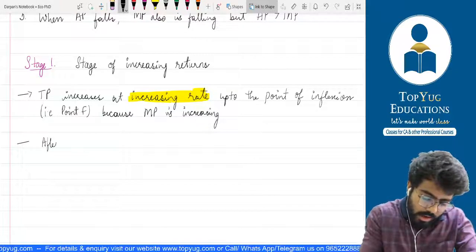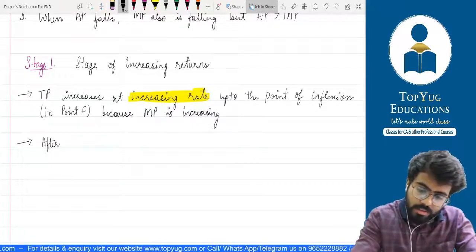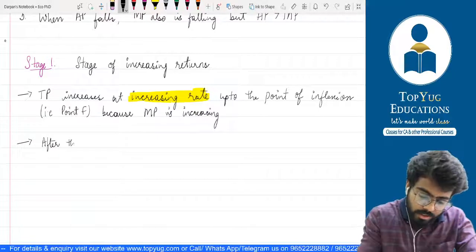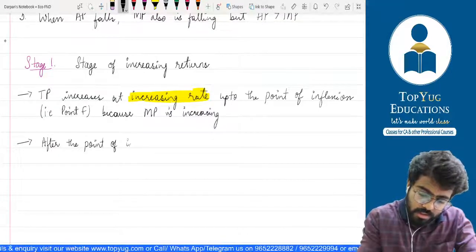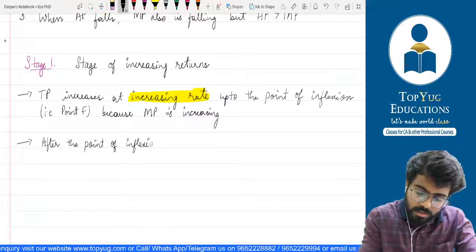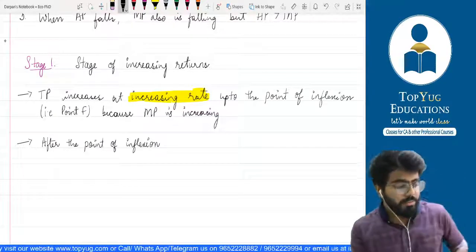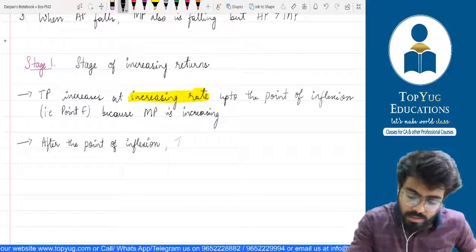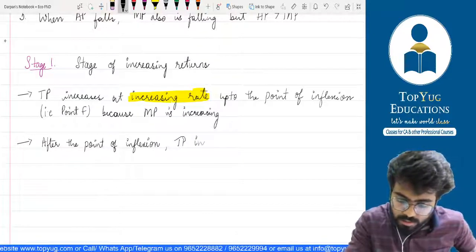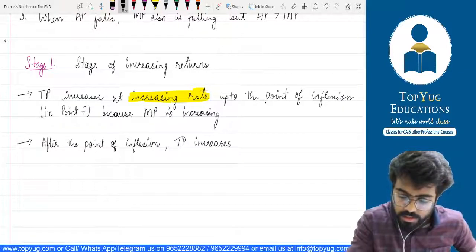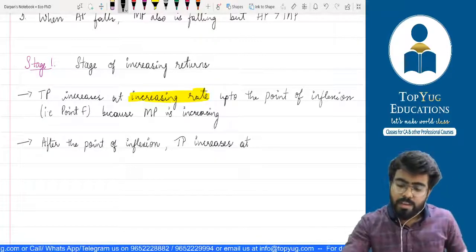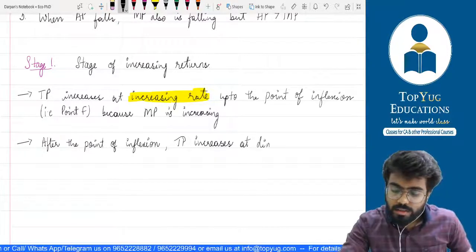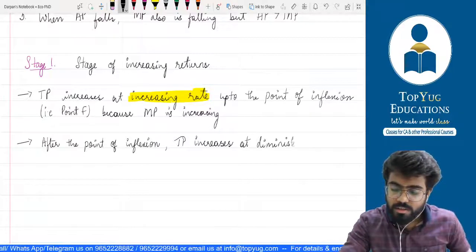Next point. After the point of inflection, TP increases at diminishing rate.